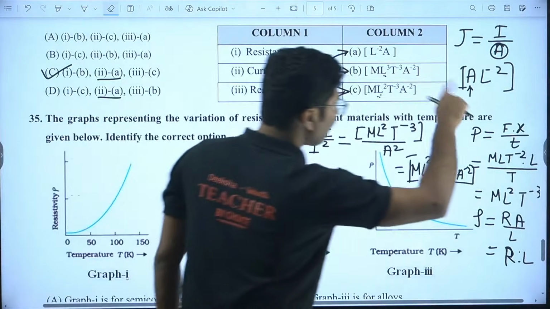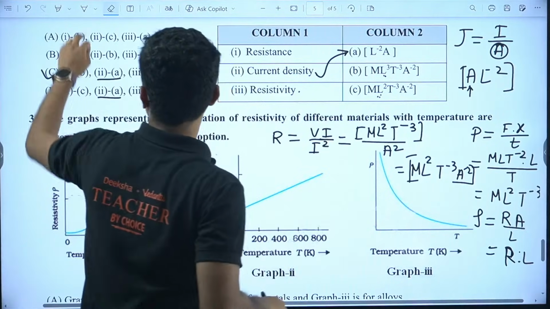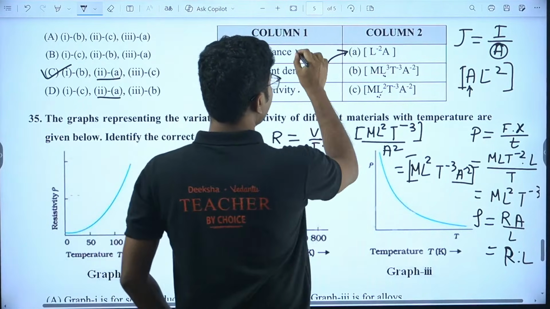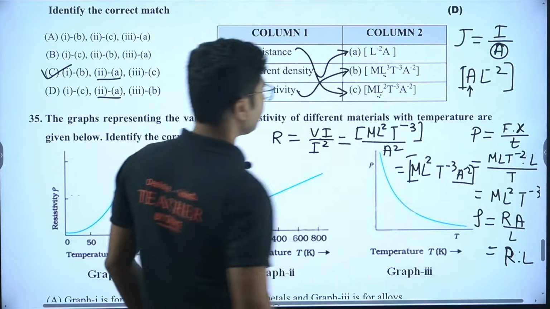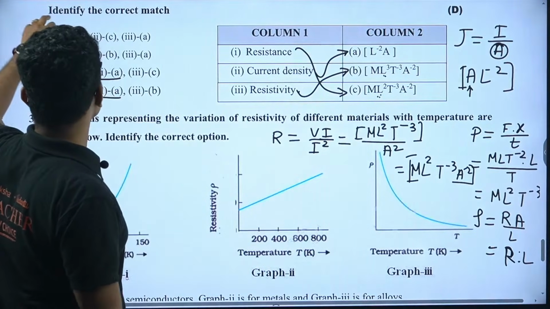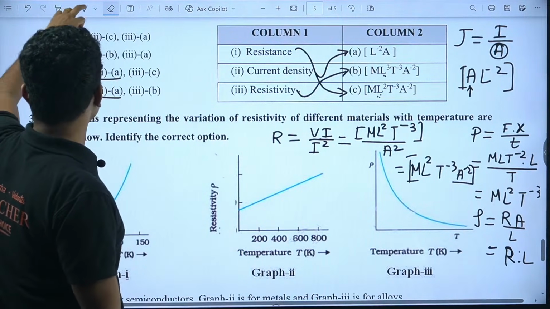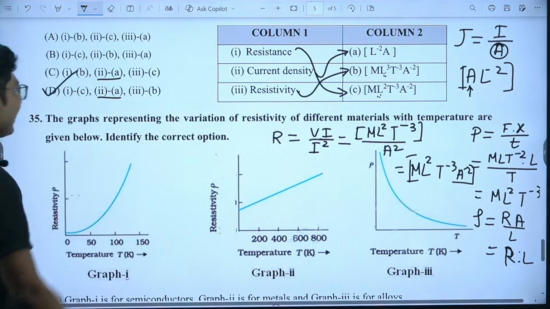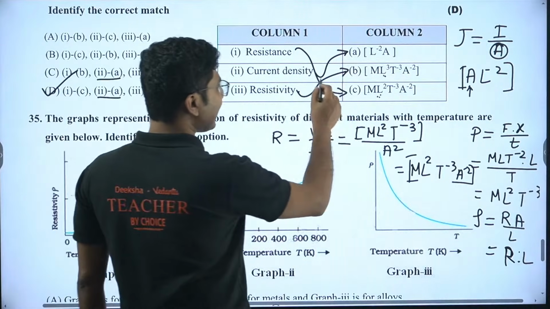It should be resistance into L. So this will be the dimension of resistance and this will be the dimension of resistivity. Yes, correct. So the match will be not C but D. Nagaraj answered D. I scolded him saying that you are wrong. No, it is correct. Okay, so yes, this is correct.